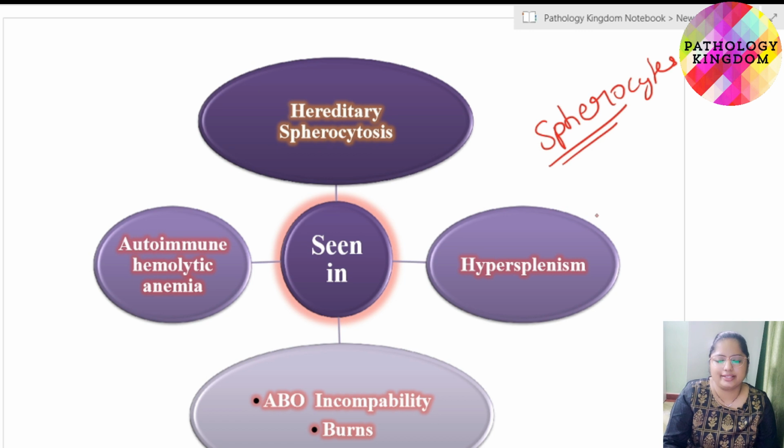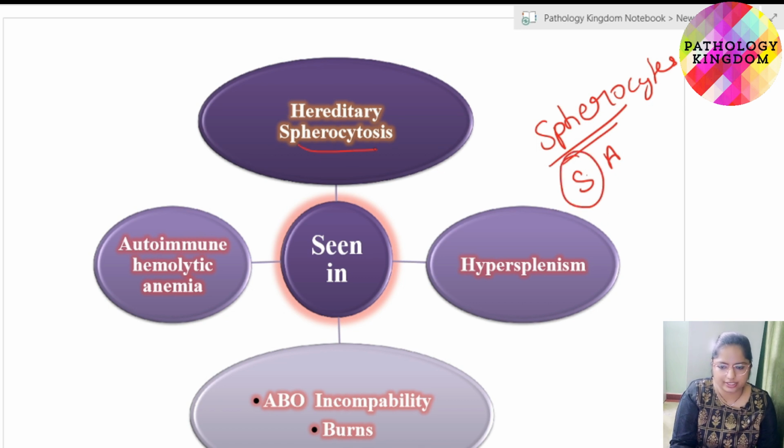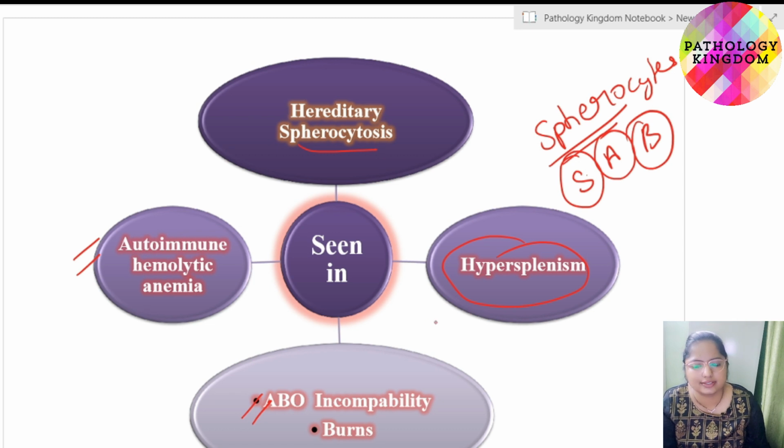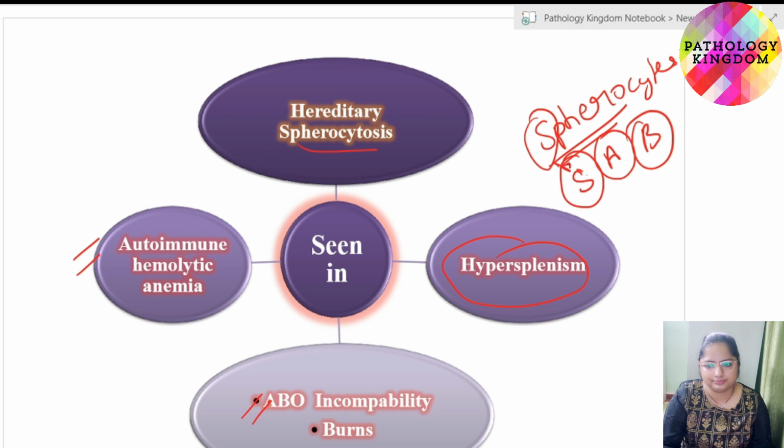This you can memorize by S, A. S is hereditary spherocytosis. Then A is for ABO incompatibility and autoimmune hemolytic anemia. B, Burns. And the other one is hypersplenism. So spherocytes, S, then A, autoimmune and ABO incompatibility.